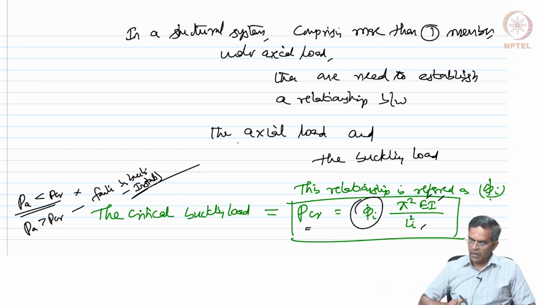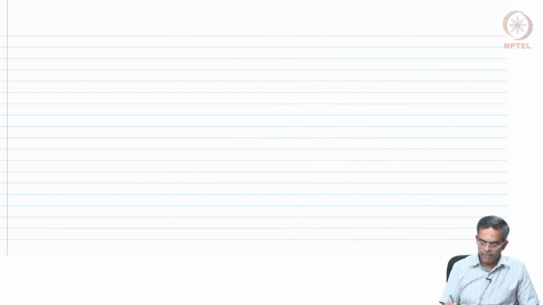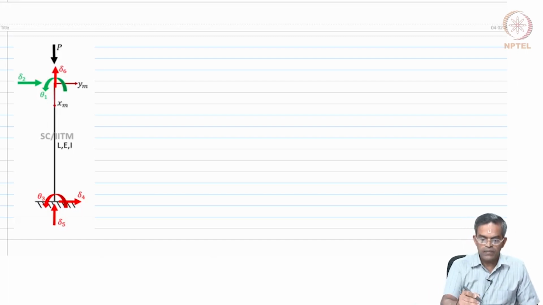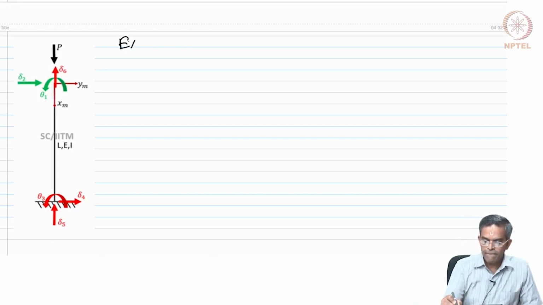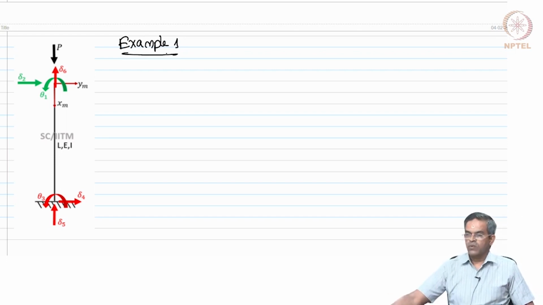So, with this background, let us start doing a numerical example of estimating the critical load. We will say this example 1. So, on the screen you see a column subjected to axial compressive load. The degrees of freedom are marked.